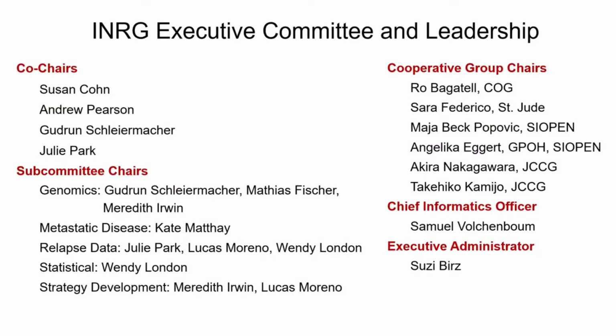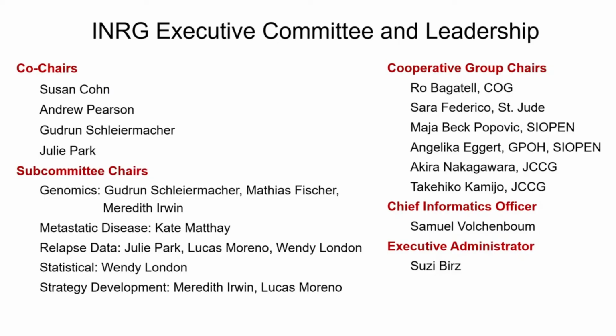Before I get into the details of what's there and how we use the website and think about the database in its current form, I want to point out that this is truly a collaborative effort. This is team science. It is led by people like Dr. Cohn and Dr. Pearson, as well as Dr. Schleiermacher and Park, so there is representation from both COG and SIOPEN. The cooperative group chairs across the world, including Dr. Federico and others, are part of the leadership committee.